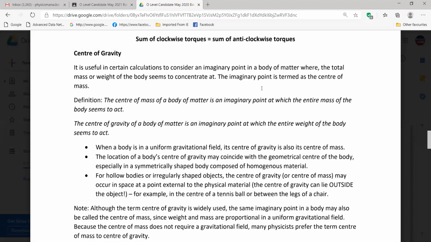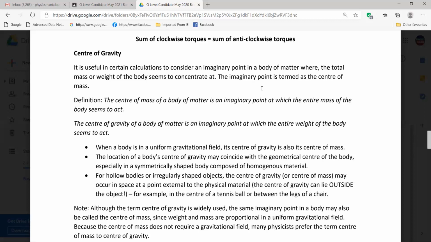Okay. Can you please read these 3 points? When a body is in a uniform gravitational field, its center of gravity is also its center of mass. The location of a body's center of gravity may coincide with the geometrical center of the body, especially in a symmetrically shaped body composed of homogeneous material.